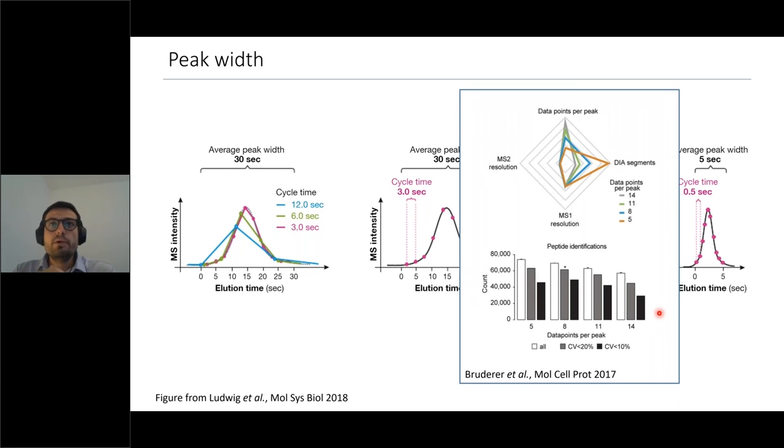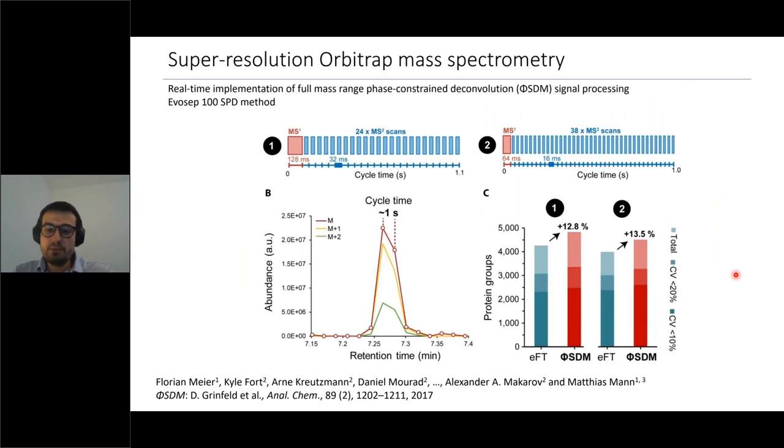Something we are working on right now together with Thermo is, because we don't really want to give up the specificity of our narrow isolation windows, to just speed up the acquisition time. So in this case, we use a new signal processing method that basically allows us to get the same mass spectral resolution in about half the time.